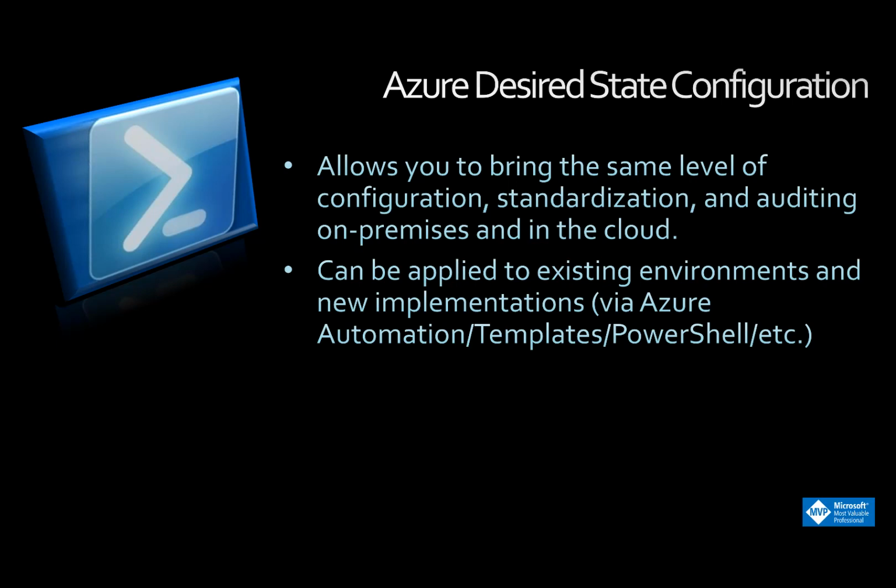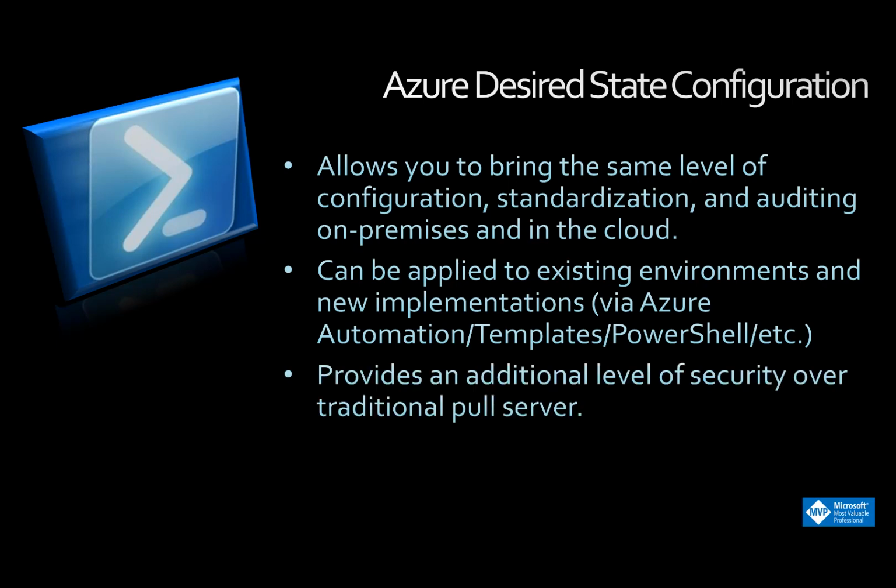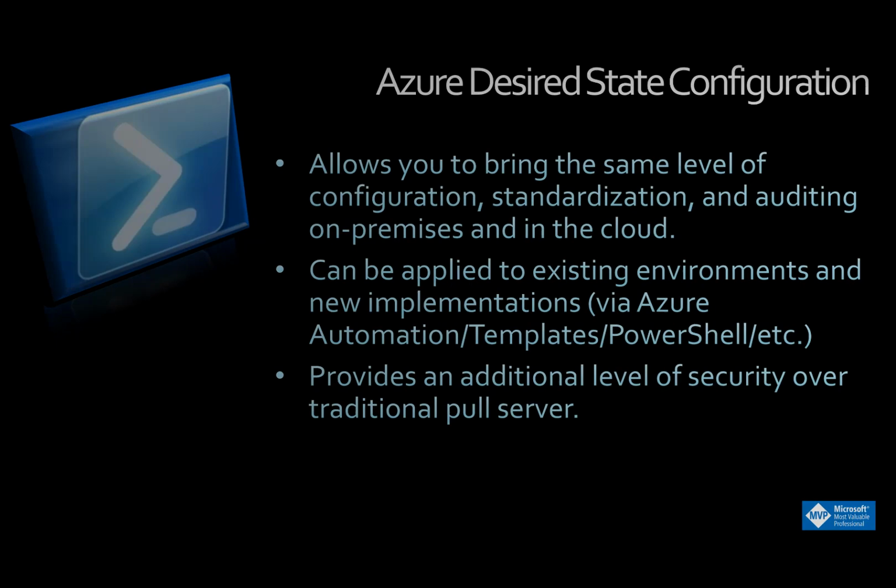So if you have environments that have been hanging out for a long time that aren't exactly up to your corporate standards, you can bring them into compliance with desired state configurations via Azure Automation, templates, and PowerShell, as well as bring your new environments into compliance. It also provides an additional level of security over the traditional pull server, and we'll be talking a little bit about that later.